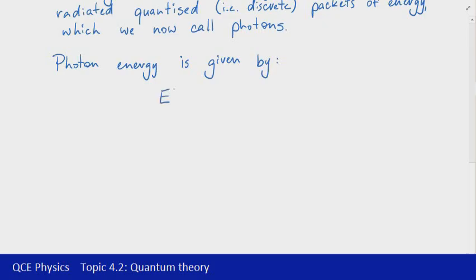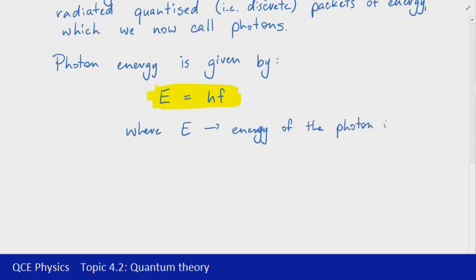Instead, all we need to be aware of is the end point of it, that the energy of the photon is given by this equation, E is equal to hf, which is in the data booklet. And again, to outline what the variables are, E is the energy of the photon, and as we know, energy is measured in joules. f is the frequency of the electromagnetic wave.